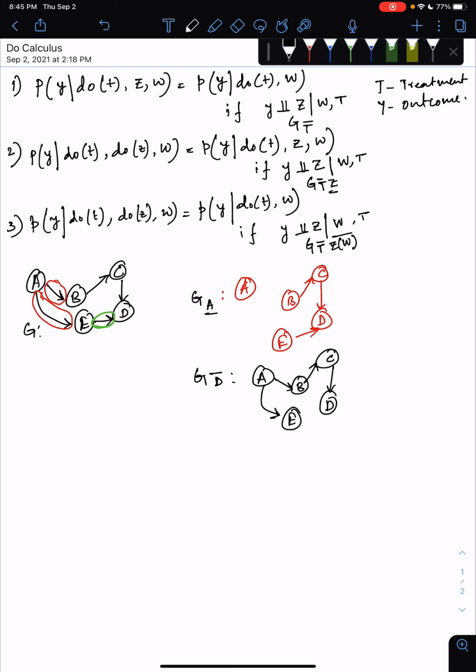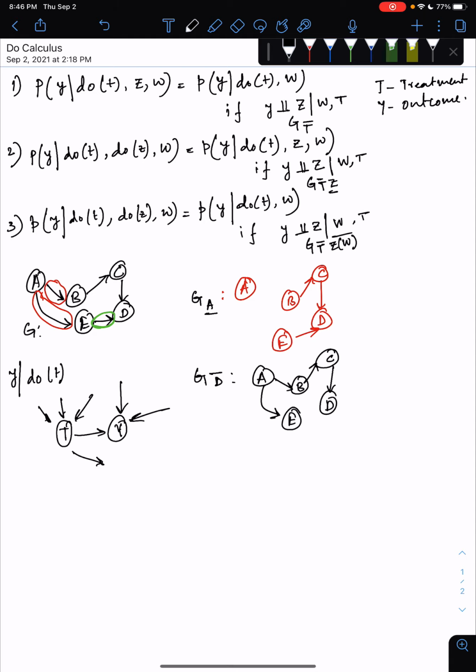One of the common things we can observe in all these three rules is this particular thing, G T upper bar. Why is this happening? Because we are trying to measure Y while doing T. In a typical graph like this, this will be the causal path, and there will be other paths like this.